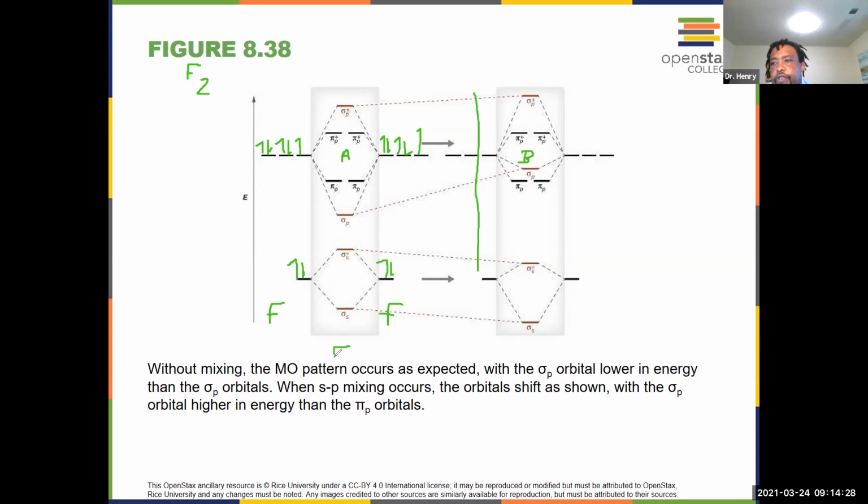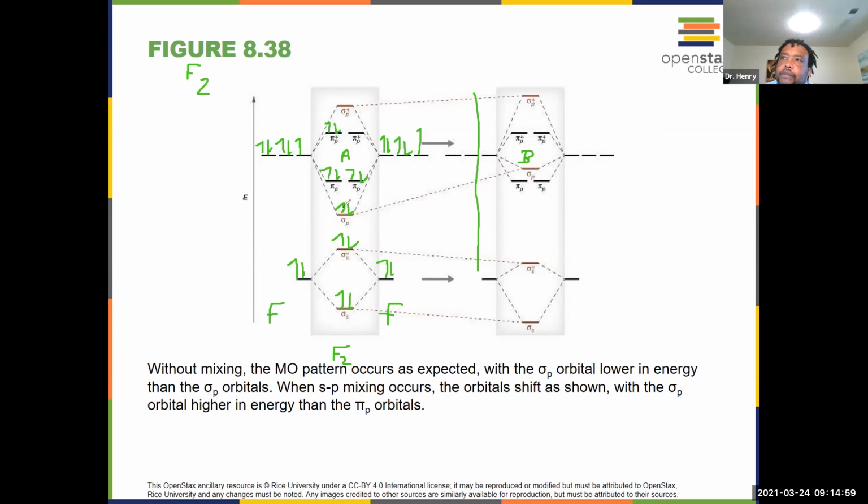And this here is going to represent our F2. So we go ahead and fill them in. 1 from this guy, 1 from that guy, and so on.